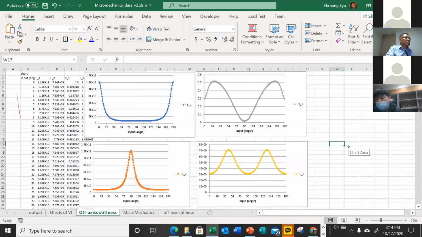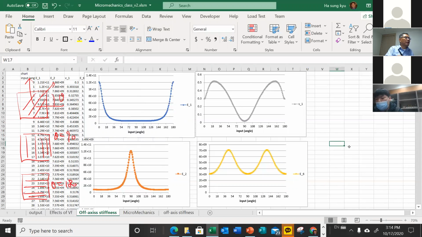Original coordinate means that, say we have angles like that, and this, and that is theta. If theta is 90, and theta is 180 degrees, it is back to the original position.